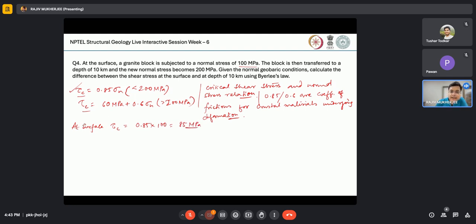Now it has been given that at 10 kilometer depth, sigma n is 200 MPa. Fine. And then we have been told to use normal geobaric conditions. So what is the normal geobaric gradient?